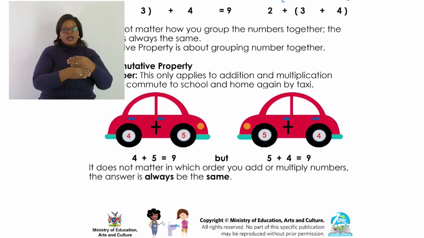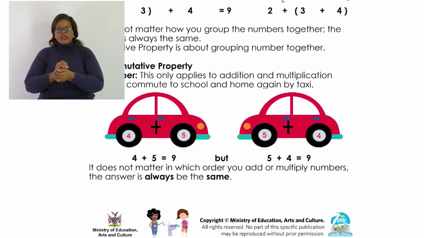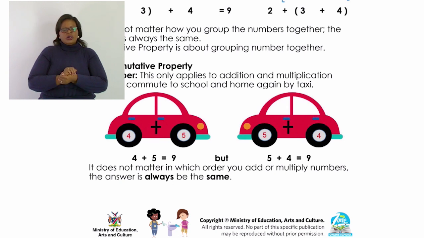Are we together? Now, it doesn't matter in which order you are adding or multiplying, as long as you move it in a manner that you can make your calculations easier. All right, now let me explain, or let's summarize. Associative property.